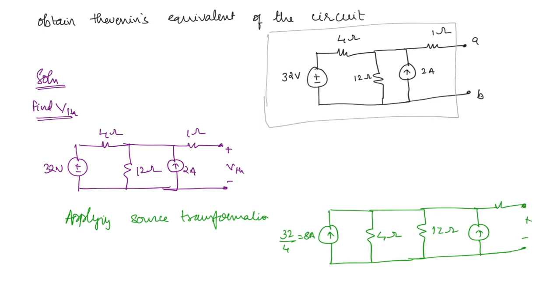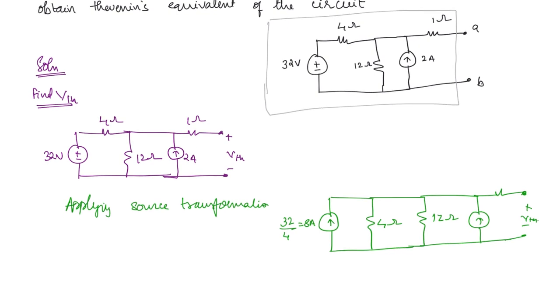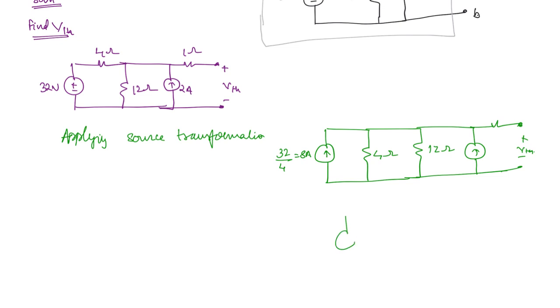This is VTH. Now 4 ohm and 12 ohm in parallel, you're going to get 3 ohms. And what about the current source? 8 plus 2, 10 amperes. And this is 3 ohm, and this here is 1 ohm.